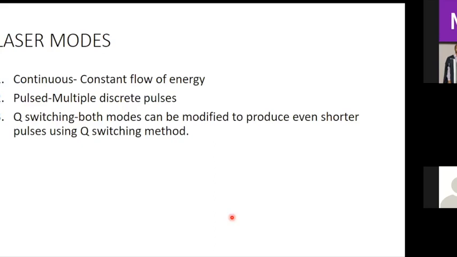Number two, the pulsed one, is multiple discrete pulses, so it's intermittent. Then Q switching is a combination of the two, modified to produce even shorter pulses. This is actually ideal because it combines these two.